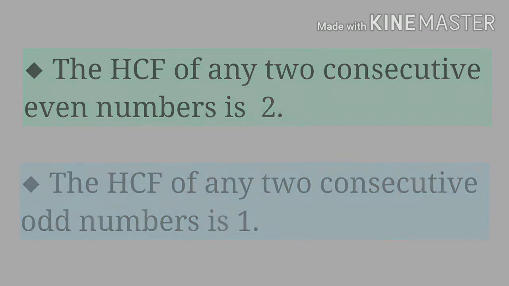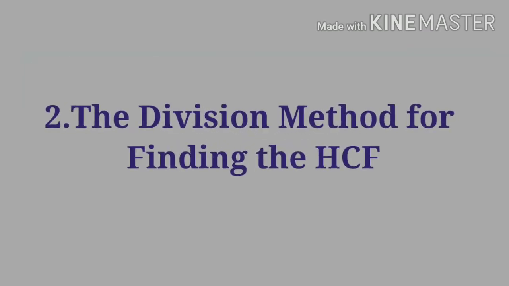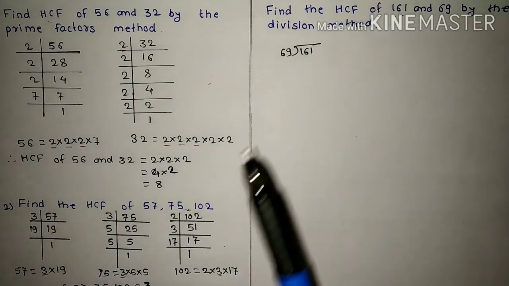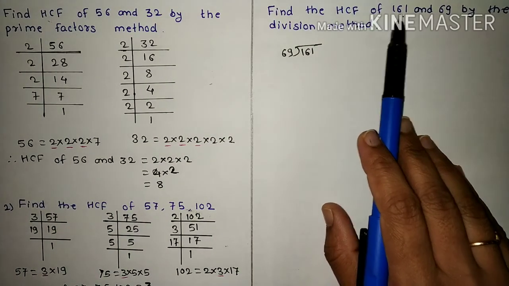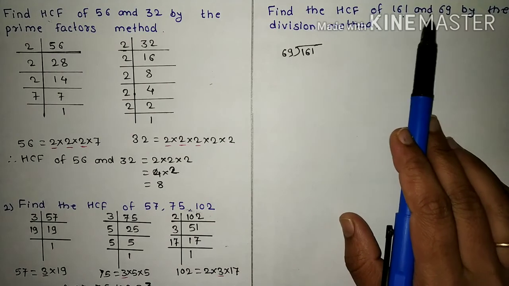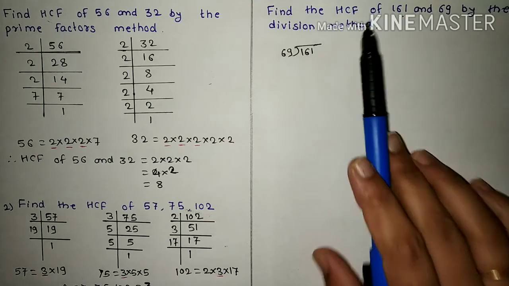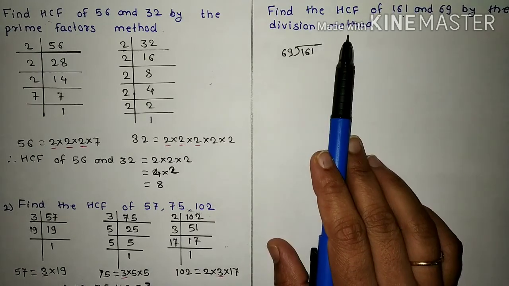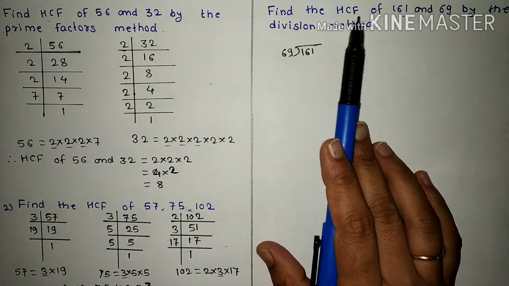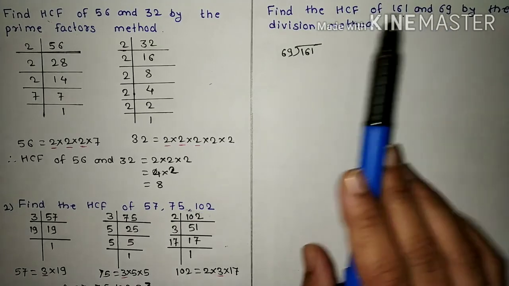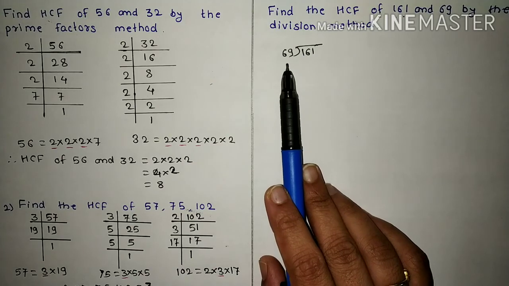Next is the division method for finding the HCF. Let's understand this method with the help of examples. Example: find the HCF of 161 and 69 by the division method. To find the HCF of given numbers using the division method, first divide the bigger number by the smaller number.